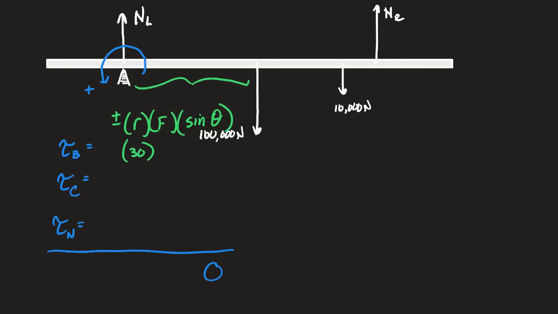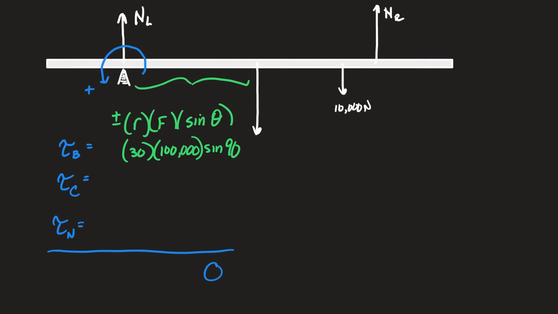We already know the force. It's 100,000. I didn't do a great job of leaving space here, so there. The force is 100,000 newtons because it's the bridge. Can we all agree it's straight down and the bridge is horizontal, so it's a sine of 90, just like your lab? Now you have to figure out whether that torque is positive or negative.